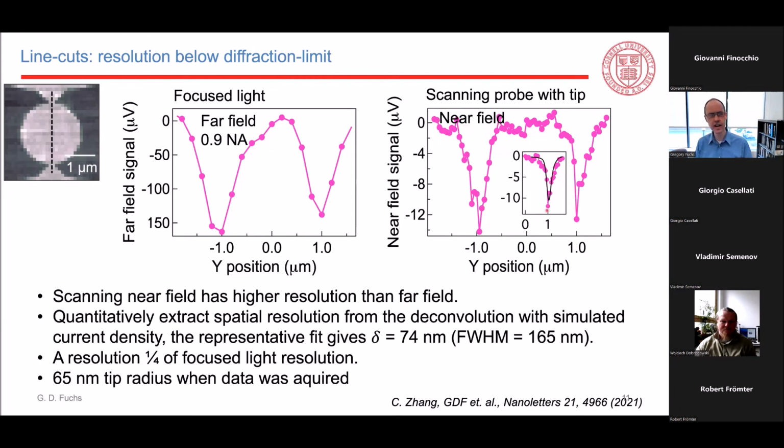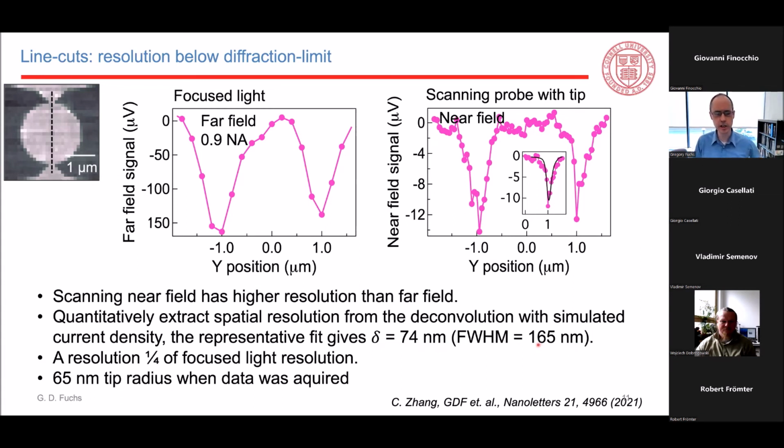And the nice thing about current again is that it's really very predictable. So we can go to our finite element solver and we can calculate exactly what is the current distribution. And once we know that, we can deconvolve the data and understand carefully what is the instrument response. And what we find is that when we model the instrument response with a Gaussian, the Gaussian width is 74 nanometers. Or if you like, the full width half max of that Gaussian is 165 nanometers.